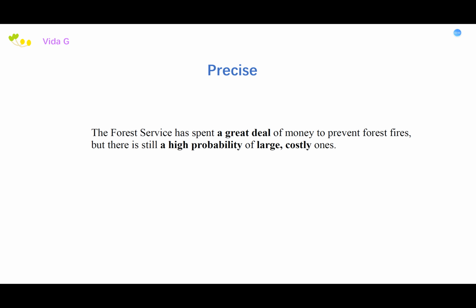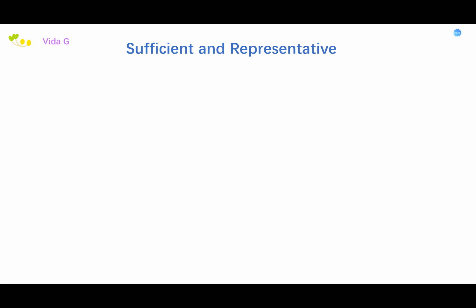Those words have to be precise, like the exact number or data, exactly how much money, $1,000, $100, something like that. What is the probability, 90% or 50%? Use the exact number and data in order for your information to be precise.